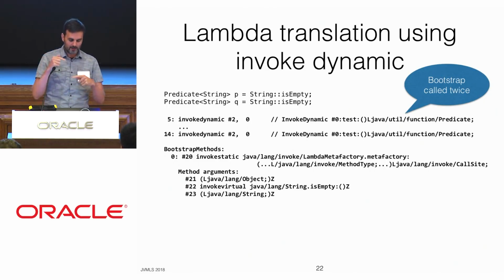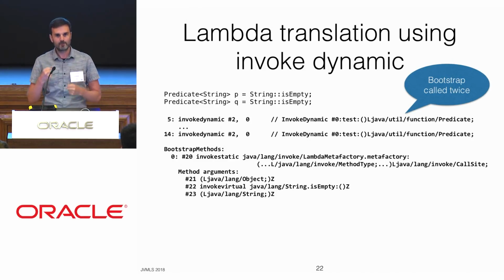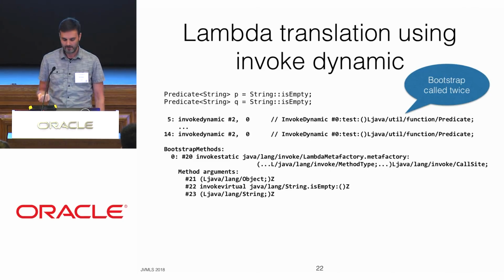Every time you invoke two Invokedynamics, they produce two instances of the predicate. The Bootstrap method gets called twice, even though it's really referring to the same thing. Actually, we just fixed a bug related to identity of lambdas and method references and serialization of these things. We really shouldn't care about the identity of these things at all. They can refer to the same thing, but they don't at the moment.